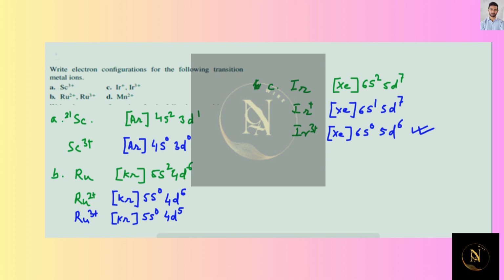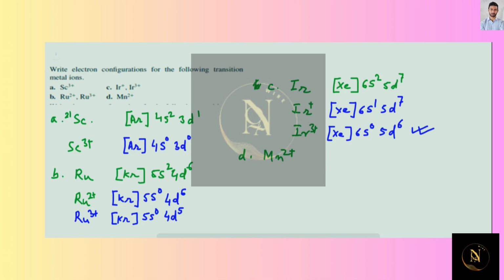Now come to D. D is Mn2+. For this we are supposed to know the Mn configuration.